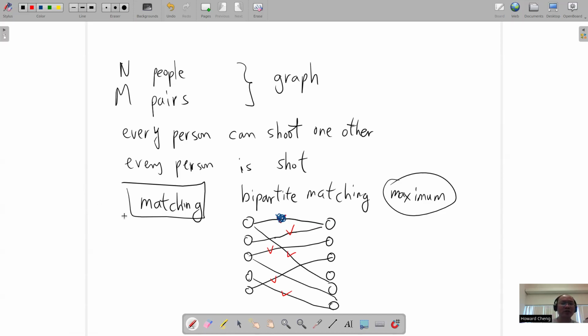Okay, so then there's a general matching problem, which is not a bipartite graph, but a general graph. Maybe you have edges like this, and then you want to choose this edge and maybe this edge, and that's all you can do.